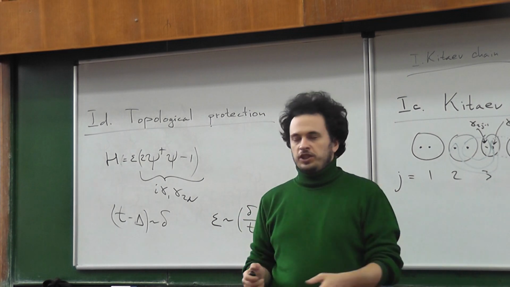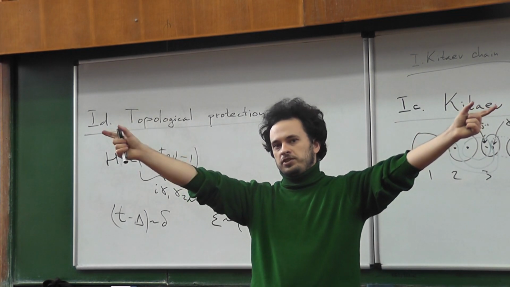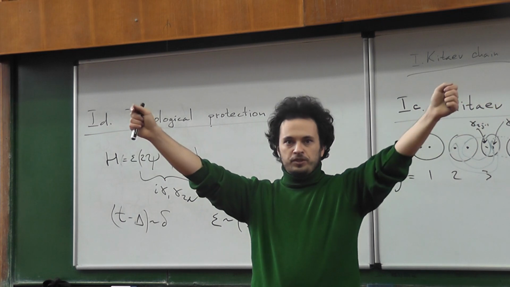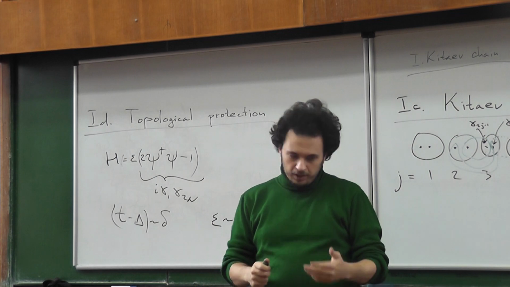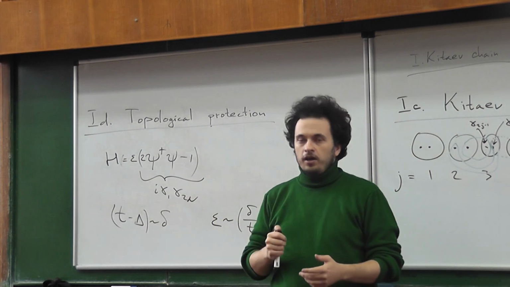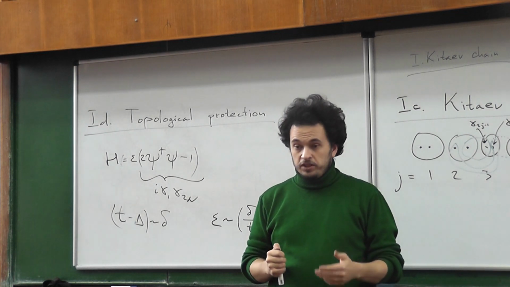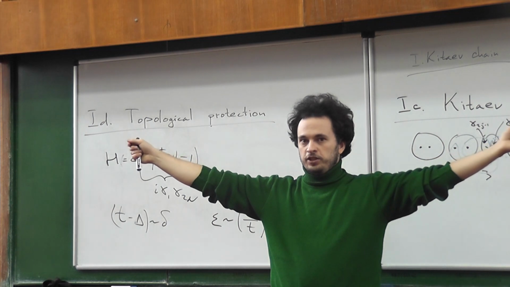I could think of, say, a Coulomb interaction, the density on the first site, the density on the last site, and some Coulomb potential between them. Okay, this will give me something like this. Still, Coulomb potential decays as I increase the length of the chain.